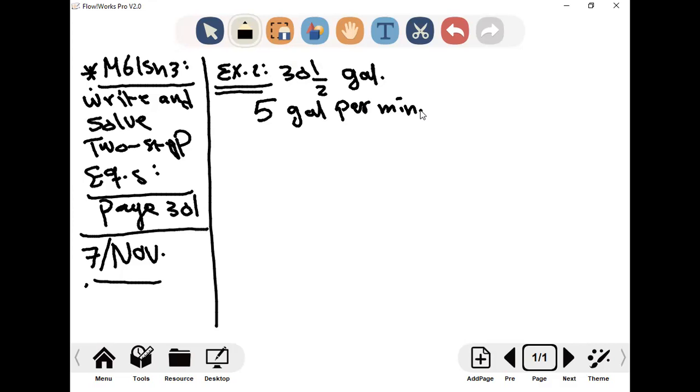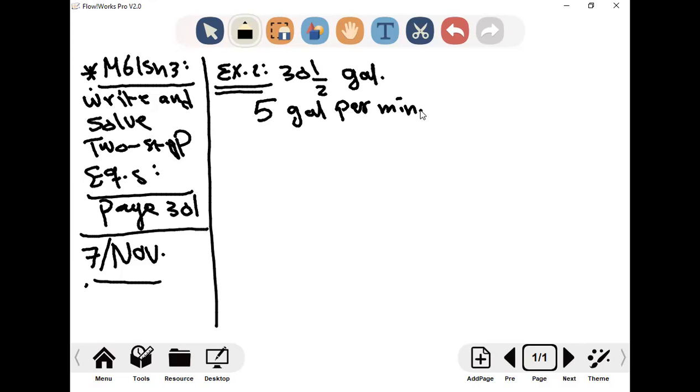But if you have 2 minutes, 3 minutes, we are multiplying the number of the minutes by the 5, which is the number of the gallons per 1 minute. Okay, but write and solve an equation to determine in how many minutes the amount of water will reach 10.5 gallons, right?